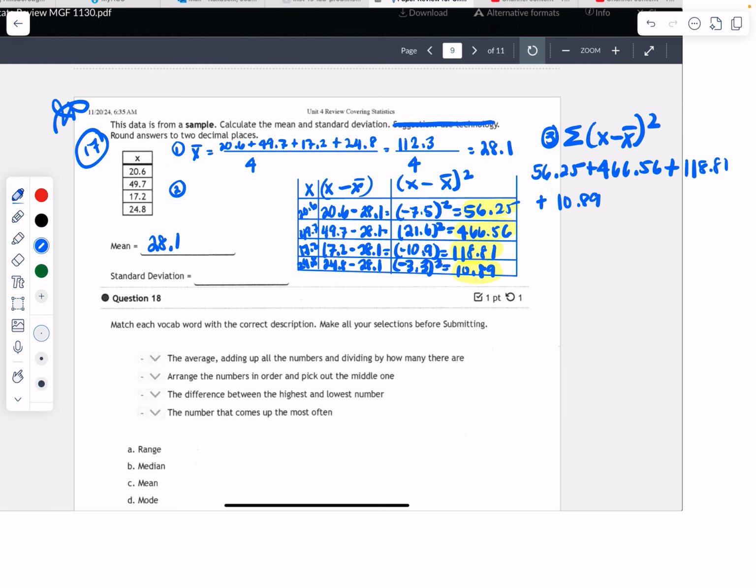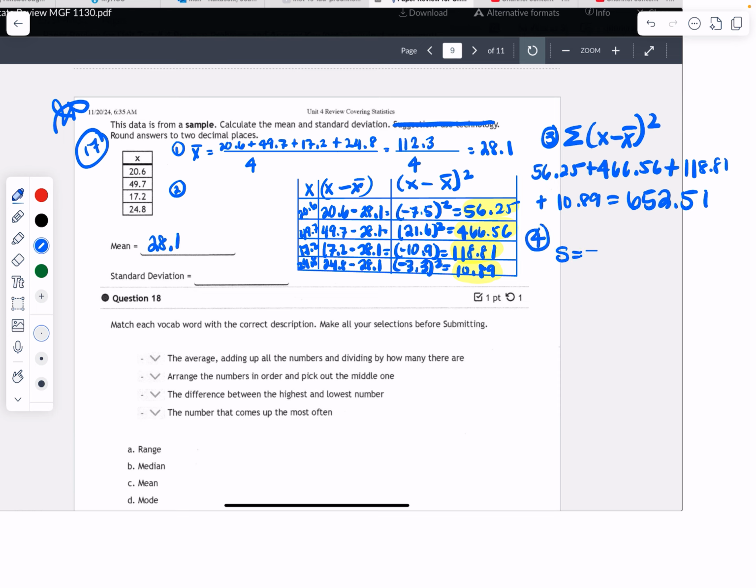So let's see what that is. 56.25 plus 466.56 plus 118.81 plus 10.89. And when I do that, I get the summation of 652.51.